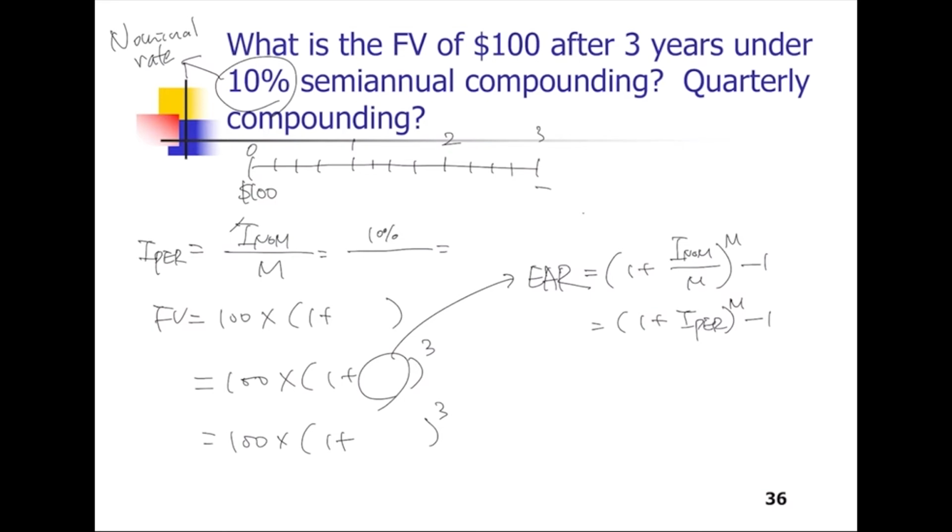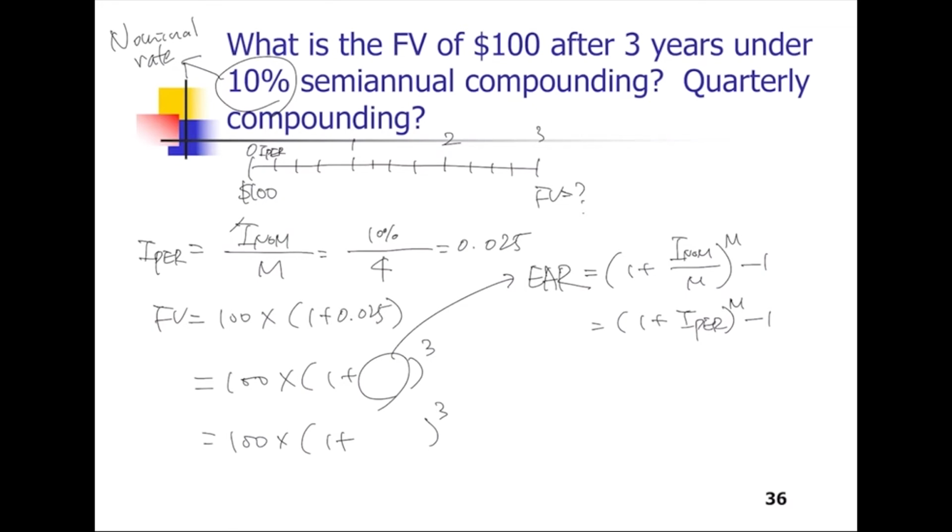And how can you calculate the future value? As I mentioned before, you should calculate the period rate first. So the nominal rate is the same, and m is what? 4, right? So the period rate is 0.025. So the input number is here, right?